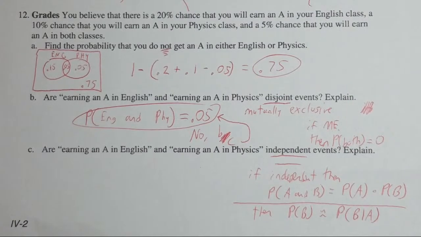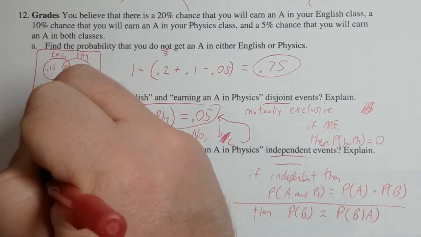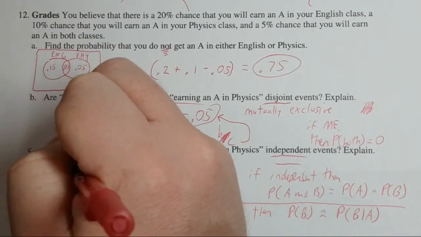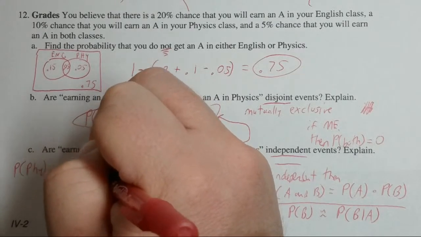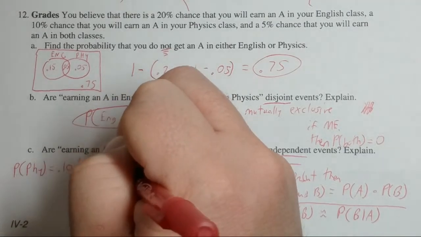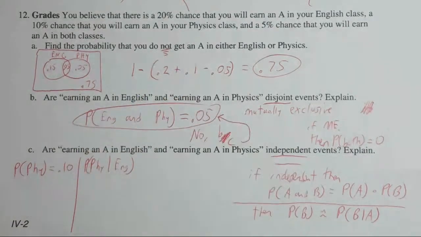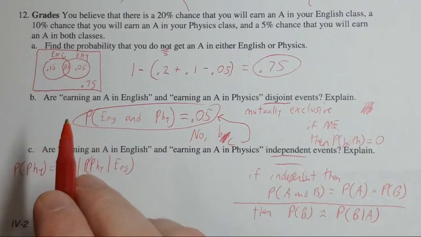We could say, okay, the probability of physics, according to the problem itself, is 10%. So the probability of physics is 10% versus the probability of physics given English, which we'd have to do that calculation that we did on number 11.